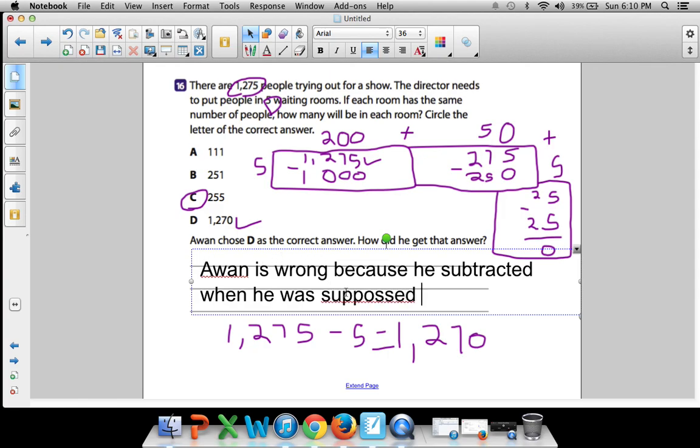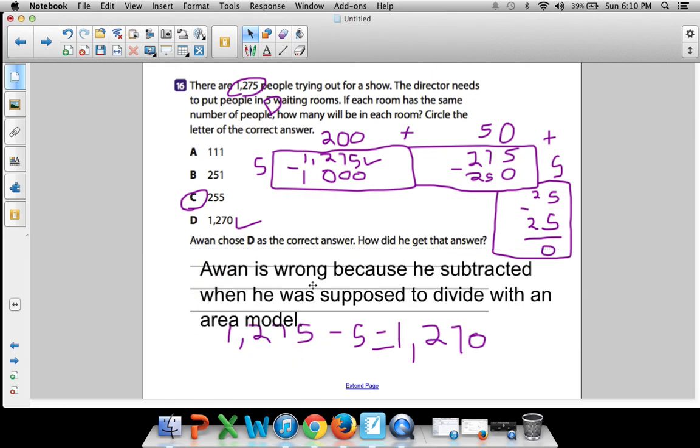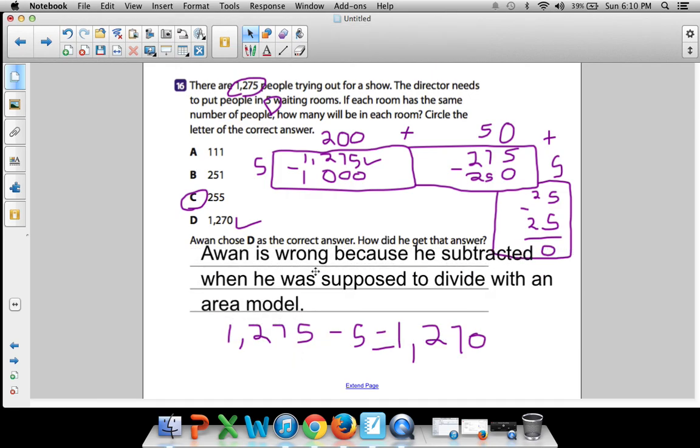Oop, I totally spelled that wrong. I'm such a bad speller. So check that out. Awan is not as smart as you and me are. We're the best.